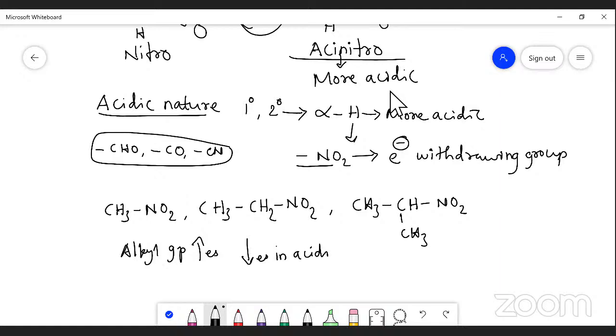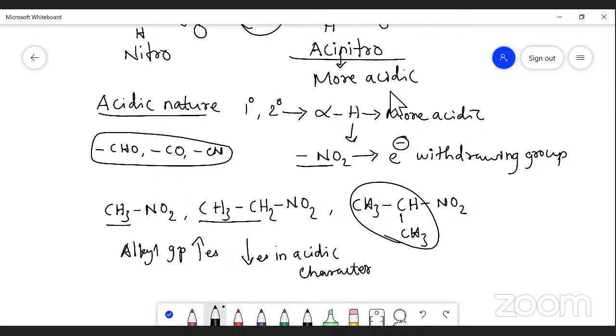In the first compound there is only one methyl, here an ethyl group, and here an isopropyl group.